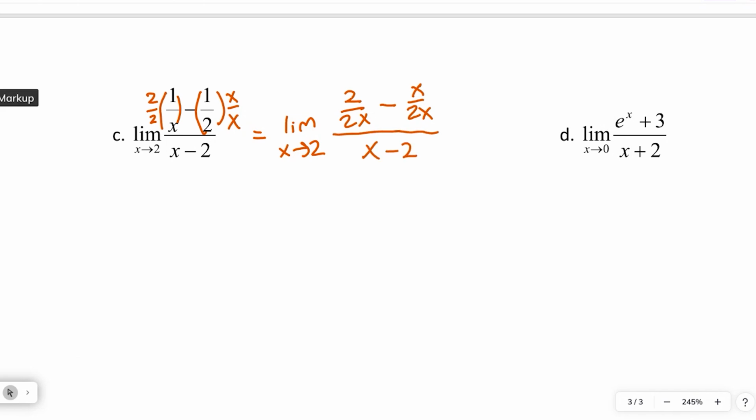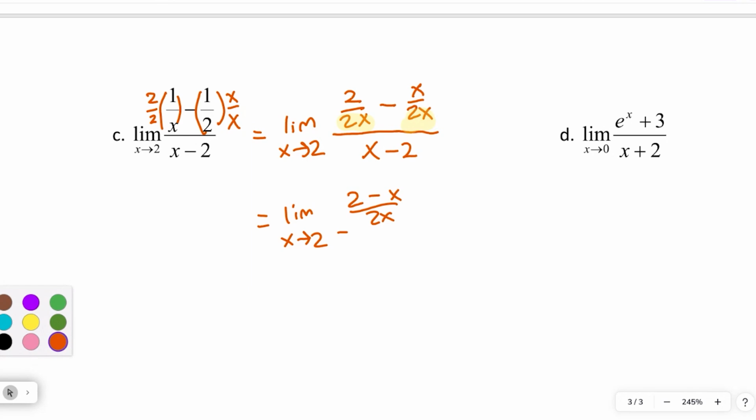So now that I've got that common denominator of those fractions in the numerator, I can go ahead and combine those two fractions into a single fraction. So this will equal the limit as x approaches 2 of (2 minus x over 2x), all divided by x minus 2.